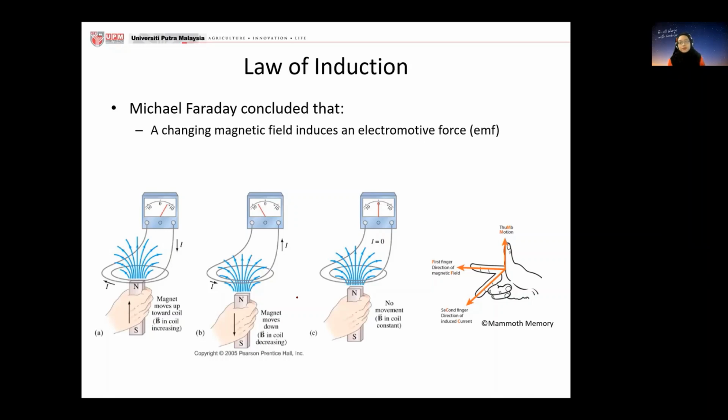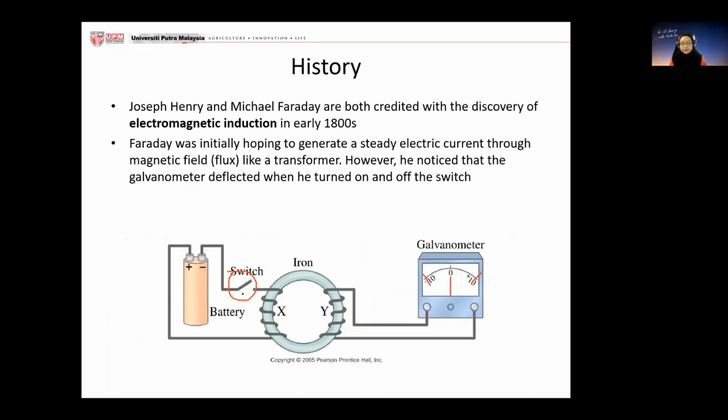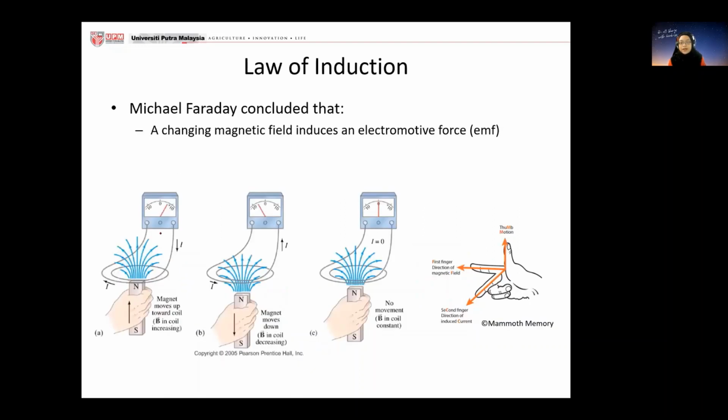Okay. So what happened was something similar to what Faraday had done with this one, but you have a coil here and you have the magnet. So when you move the magnet, you have to look at the right-hand rule, right?